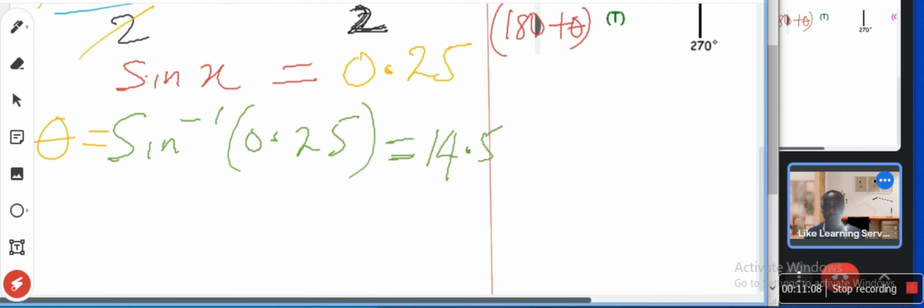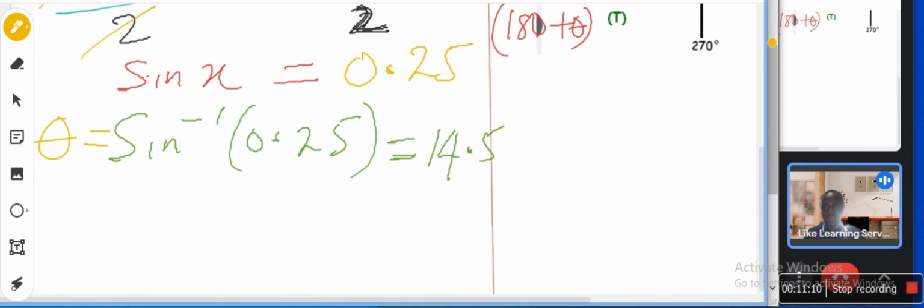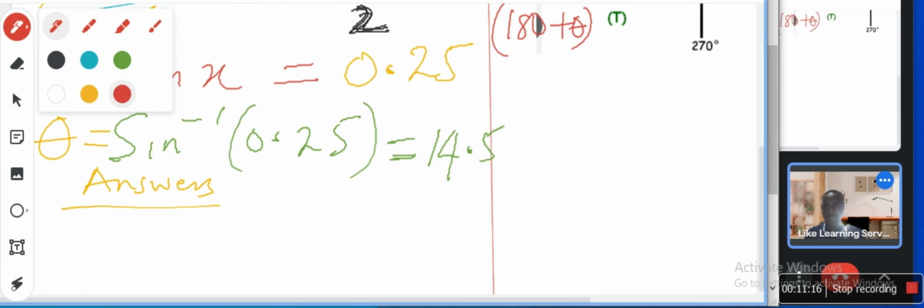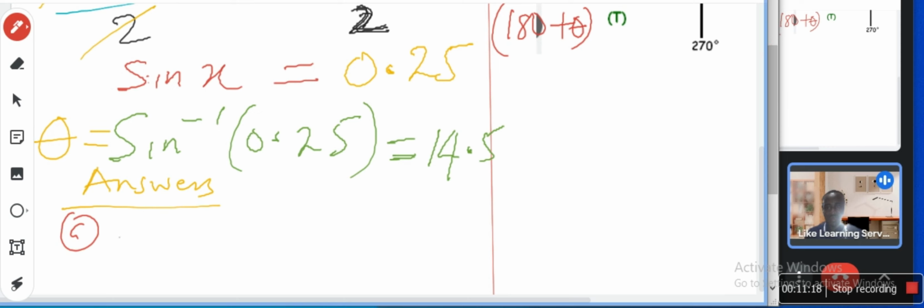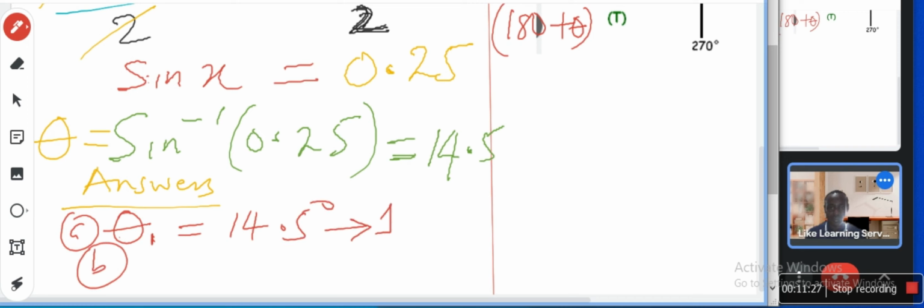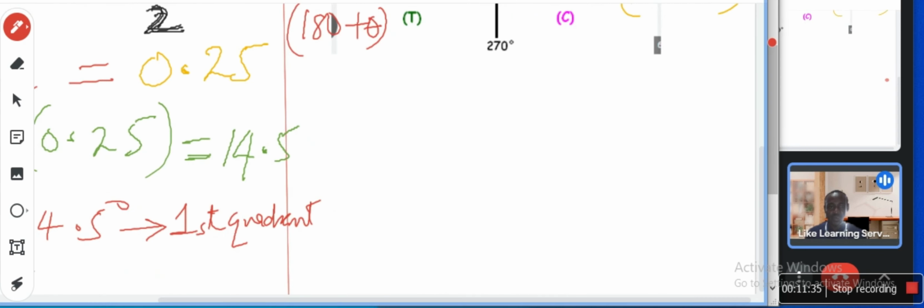So the two answers will be, the first one, A, is that value you got. So you can call it theta 1, 14.5. Then the second one, of course, this one is in the first quadrant. Theta 2, which is the second answer, is also where sine is positive.